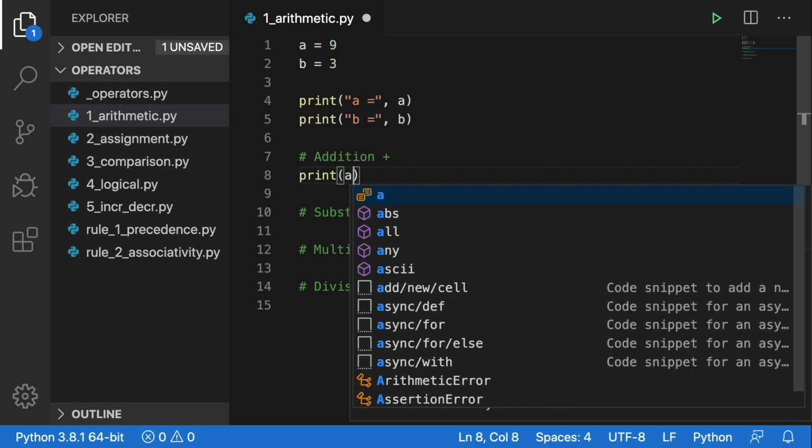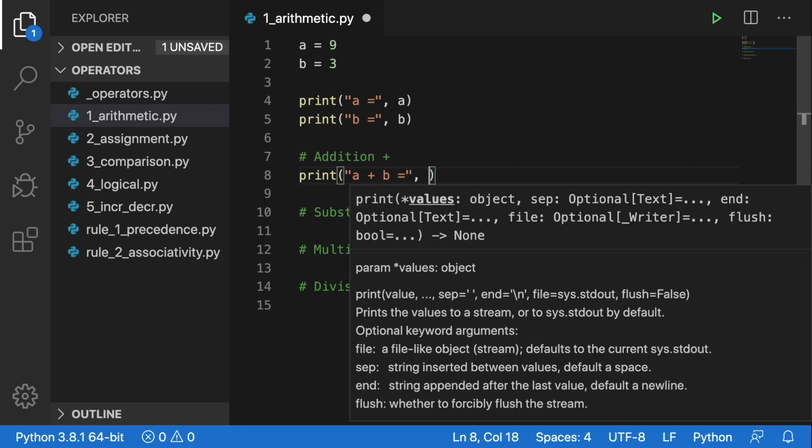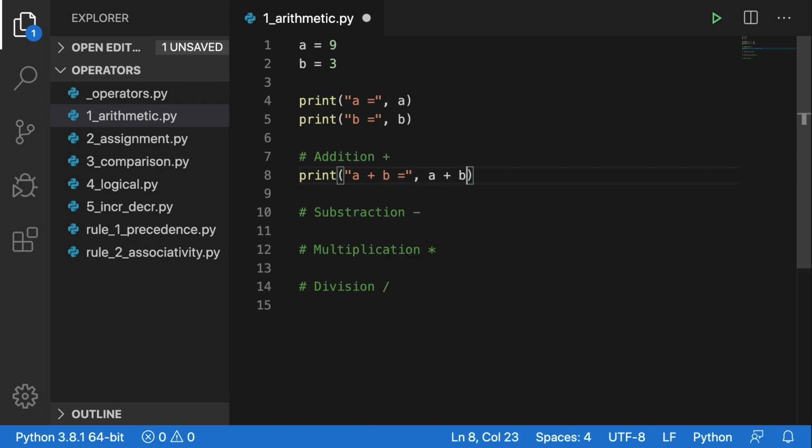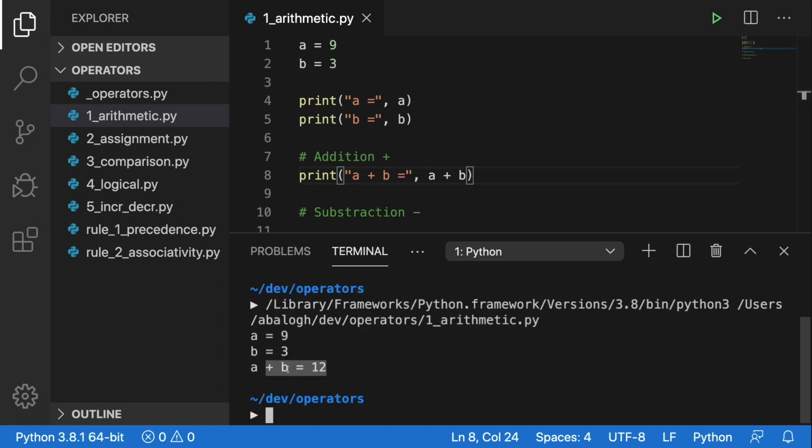So this one is a plus b equals, and the expression in Python is a plus b. Operands are a and b, the operator is the plus sign, addition. It's 12. That's great.